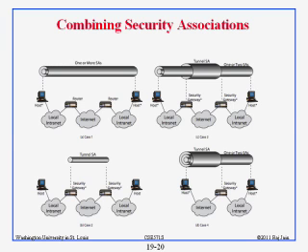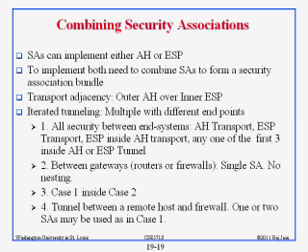So the first case is this one, case 1. You have a host, and this is end to end, and you could have many SAs which go through this tunnel or this bundle, and so that is called case 1. In case 1 you have end to end security.